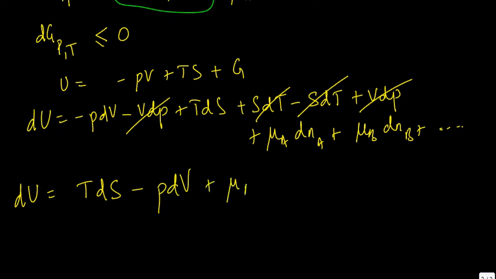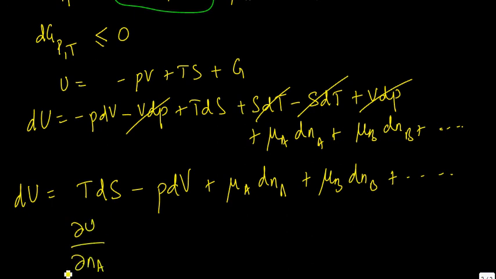I have just added mu A dNA plus mu B dNB plus so on. So what this means is essentially that dU by dNj at constant entropy, constant volume and constant N prime is nothing but the chemical potential.